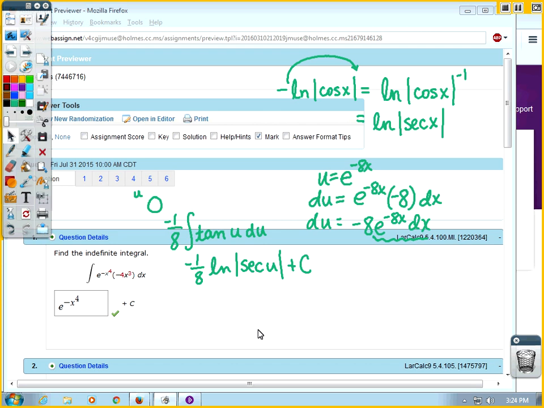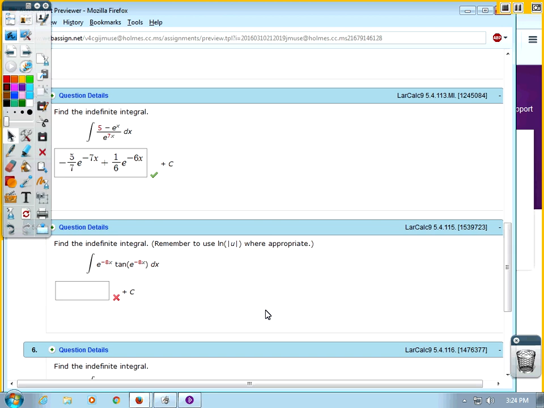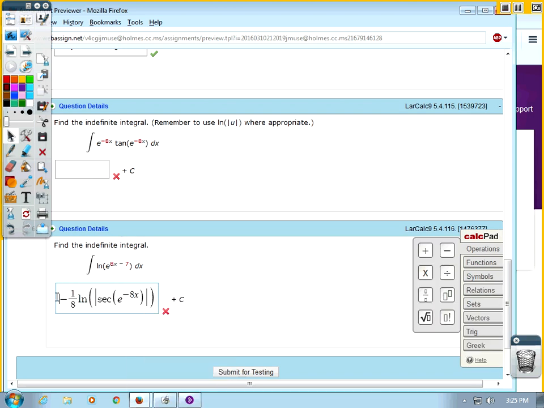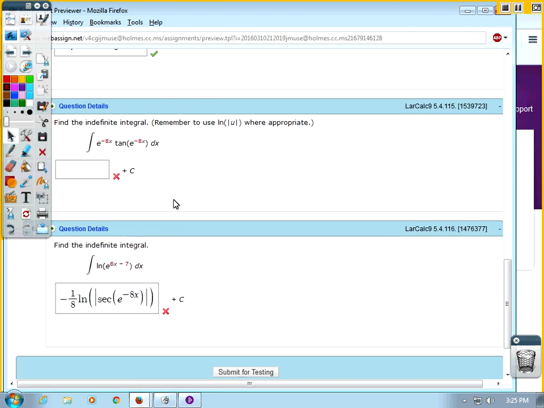Sometimes I just don't trust that I've put it in correctly. Okay, that's interesting. I put it in the wrong box. I wonder if it'll let me cut and paste it. No, it will not. All right, so I need to jot that down real quick because I'm going to have to erase this. So negative 1/8 natural log. Moral of the story, pay attention to which box you're typing your answer in, class.